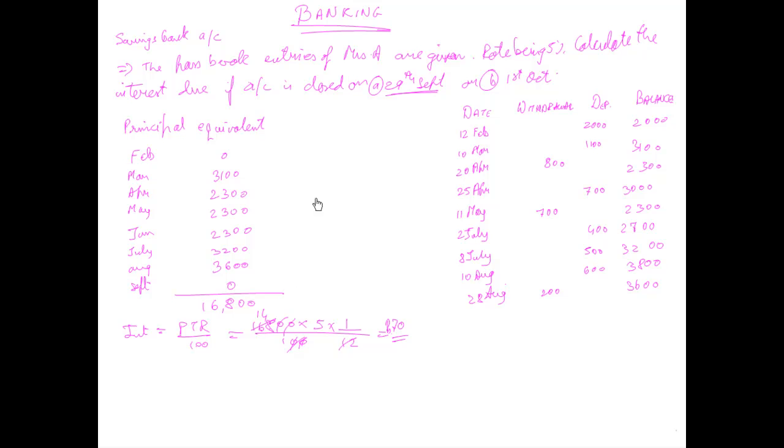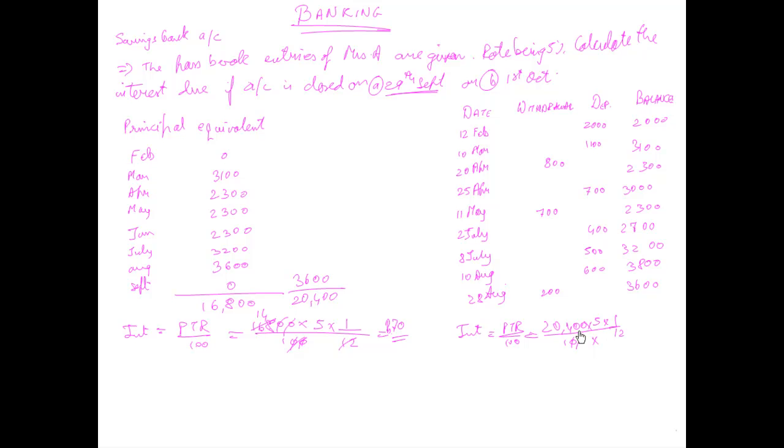But children, if the account is closed on 1st of October, September month will be added to it, and that will be another 3600 rupees added to the principal. So principal equivalent, children, accordingly will become 20,400. And now the interest, children, would come out to be, again PTR upon 100, which would be 20,400 into 5 into 1 by 12 and 100.